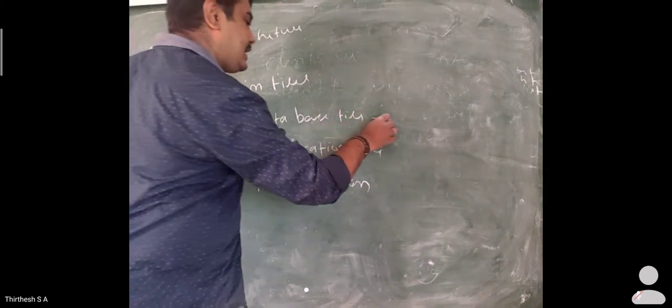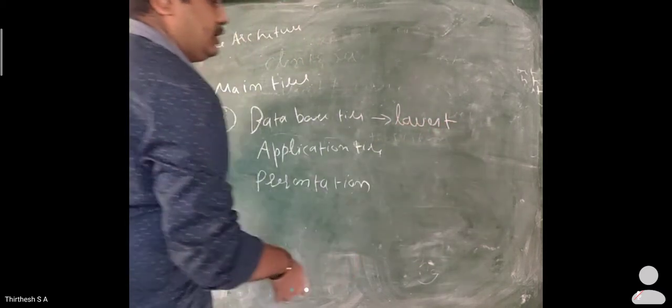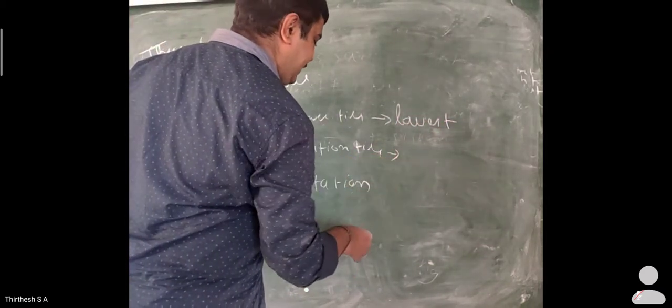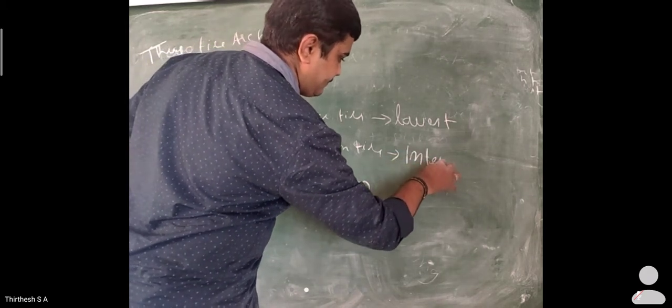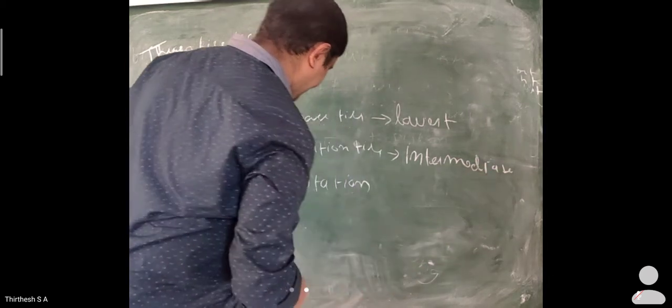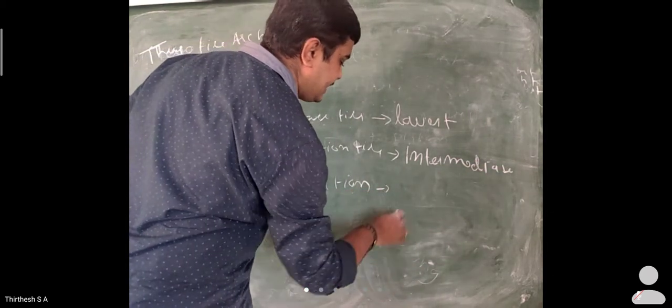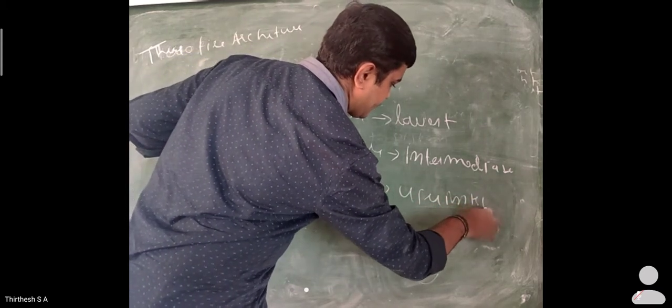Here the database tier is the lowest level tier. Okay, the application tier is the intermediator, and the presentation layer is the user interface.